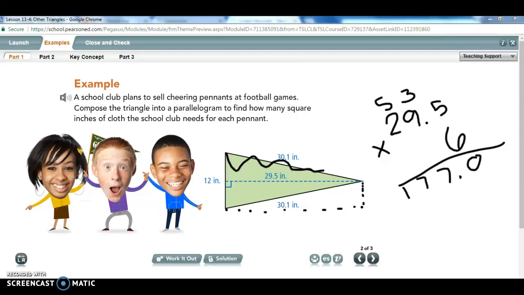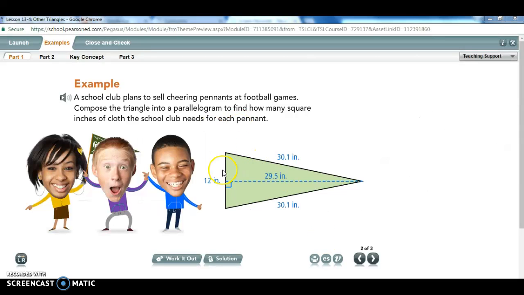Another way to solve the problem is to look at this pennant and copy the whole thing. So if I copied the whole thing, turned it around, I could make another triangle that went this way. So now I have a parallelogram, and we know parallelograms, we can do base times height.